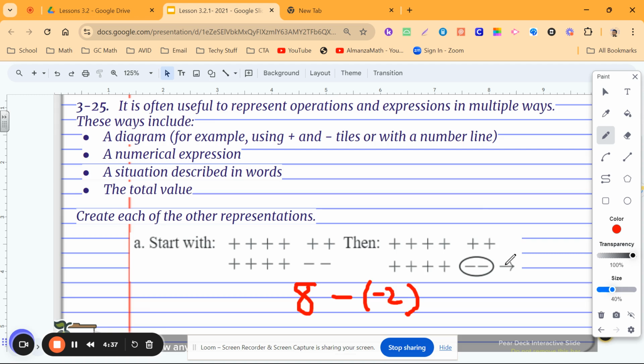So this problem right here shows 8 minus -2 equals 10. Right? Because we took away the negatives, and that adds the positives. Okay, it's kind of like when you take away negativity from your life, it gets more positive.